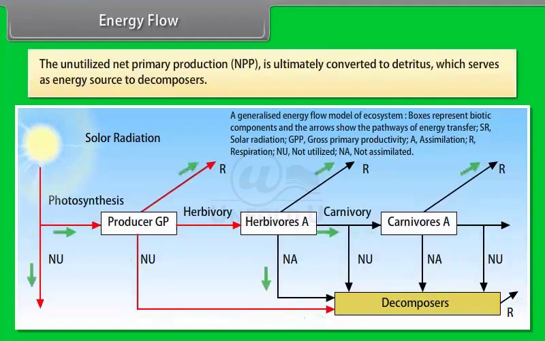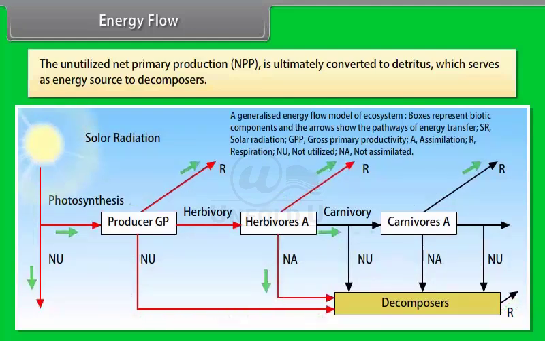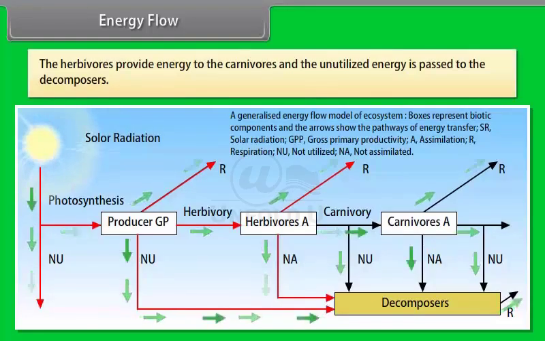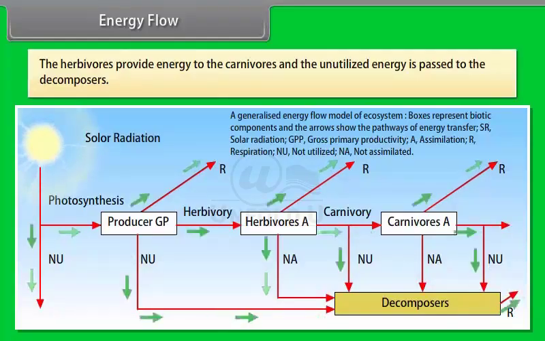The unutilized net primary production, NPP, is ultimately converted to detritus, which serves as energy source to decomposers. The herbivores provide energy to the carnivores and the unutilized energy is passed to the decomposers.